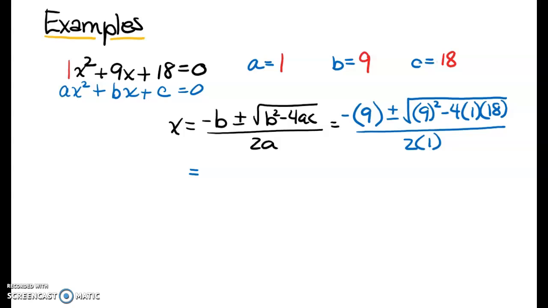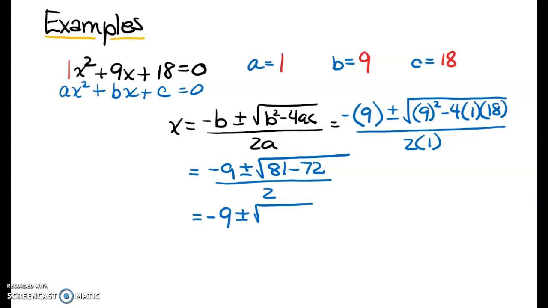So let's go ahead and evaluate that. Negative times 9 is negative 9, plus or minus 9 squared is 81. 4 times 1 is 4 times 18 is 72, so that's a minus 72 all over 2. So what is 81 minus 72? Well, that turns out to be 9.